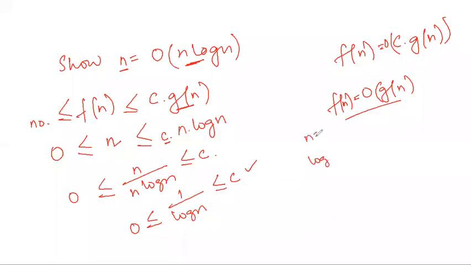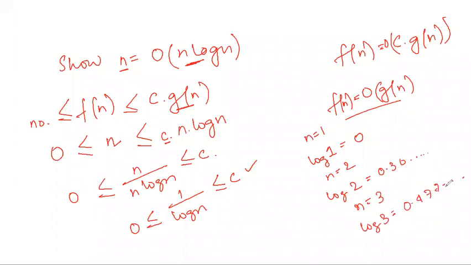For n equal to 1, log 1 will give us 0. Then for n equal to 2, log 2 will give us 0.30 something. Then for n equal to 3, log 3 will give us 0.477 something. So this 1 by log n is greatest for which value of n?